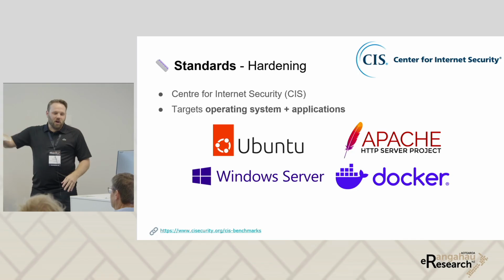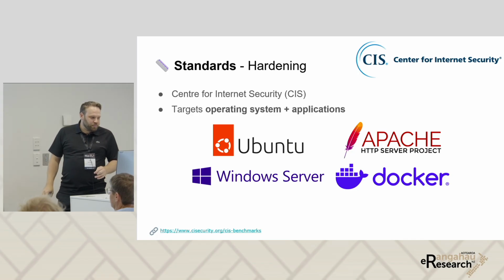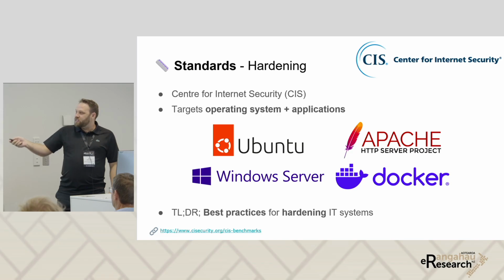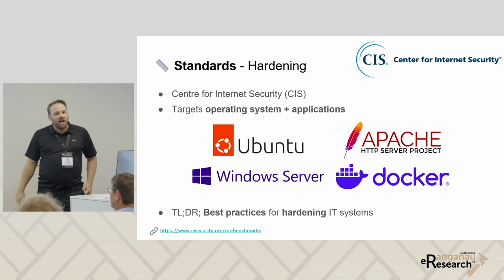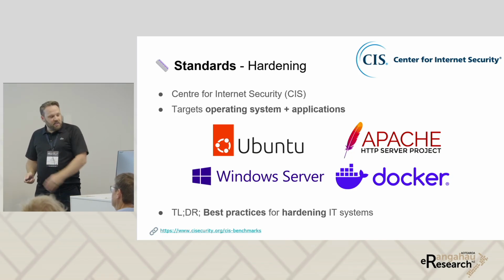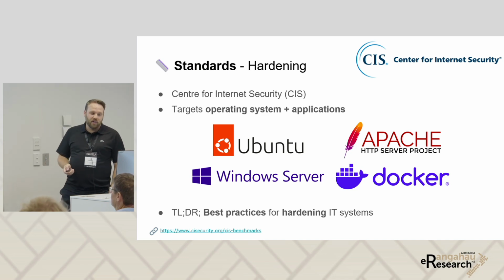And we look at things like operating systems and applications, Ubuntu, Windows Server operating systems. And they give us best practices for hardening these. Because out of the box, they're not hardened. We're getting there in the industry to have things more secure by default, but these are the recommendations they say to add on top to make it even more secure.